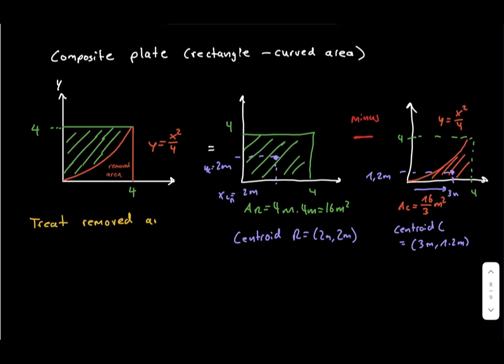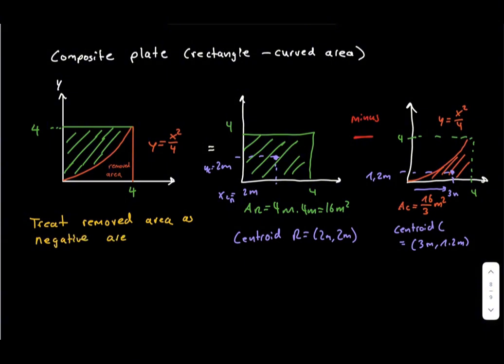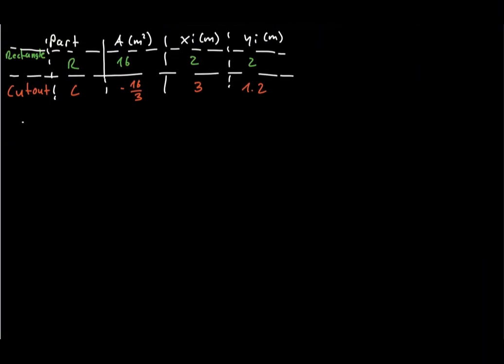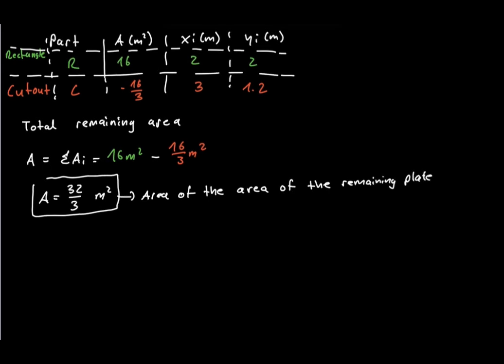For centroid calculations, we can handle a hole or cutout simply by treating its area as negative. So the rectangle has a positive area of 16 square meters, while the curved cutout has a negative area of 16/3 square meters. The remaining area is therefore 16 minus 16/3, giving 32/3 square meters. Now we can use exactly the same composite area formulas as before.